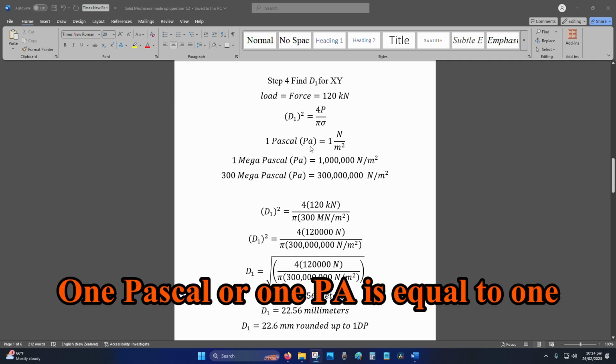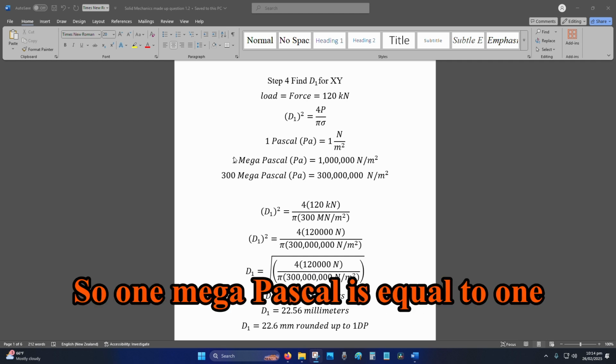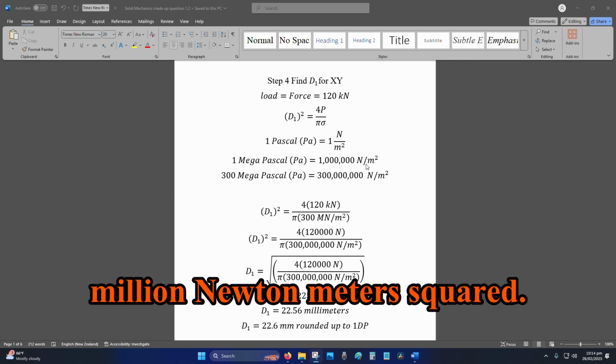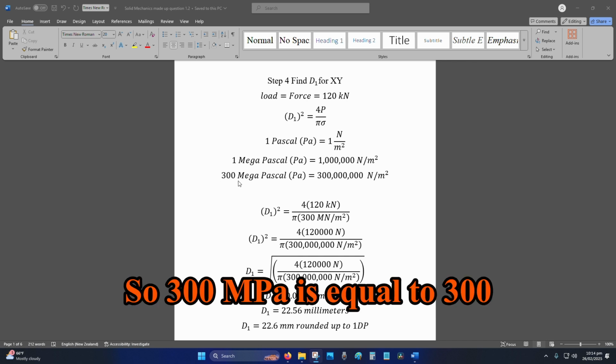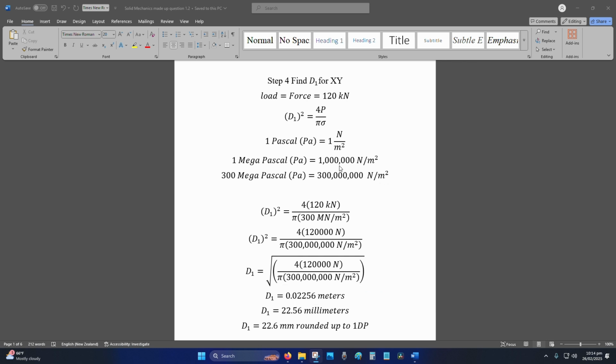1 Pascal or 1 Pa is equal to 1 Newton per meter squared. So 1 megapascal is equal to 1 million Newtons per meter squared. So 300 megapascal is equal to 300 million Newtons per meter squared.